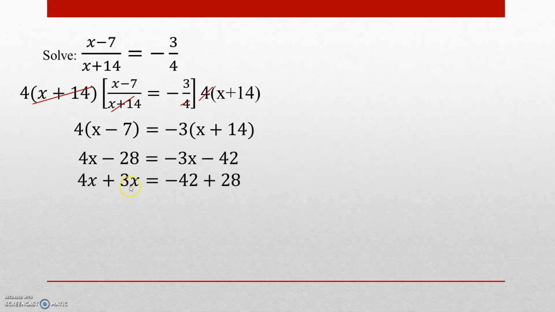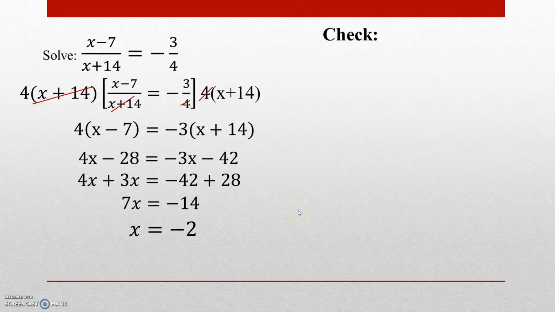So, 4x plus 3x equals 7x. Then, negative 42 plus 28 equals negative 14. So, we have x equals negative 2 because 7 times negative 2 is negative 14. Or simply, divide both sides by 7. So, negative 14 over 7 is negative 2.